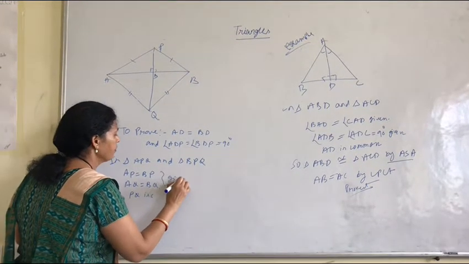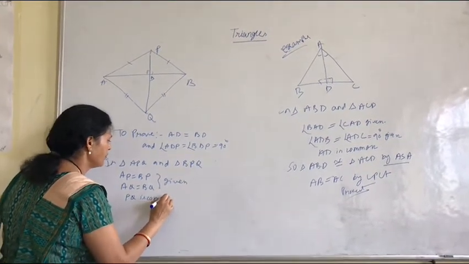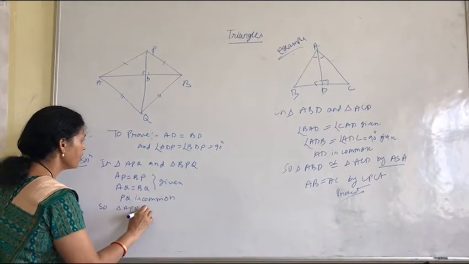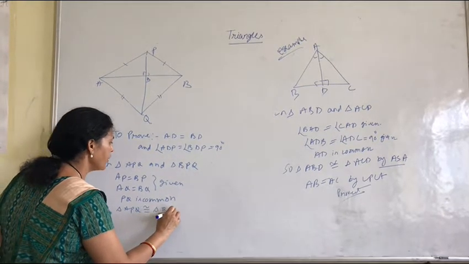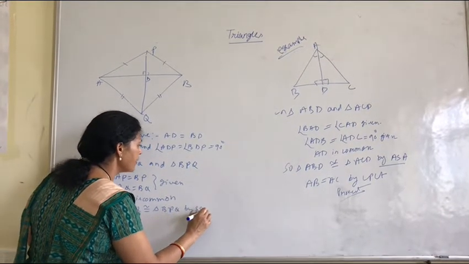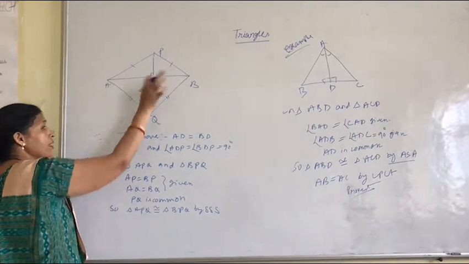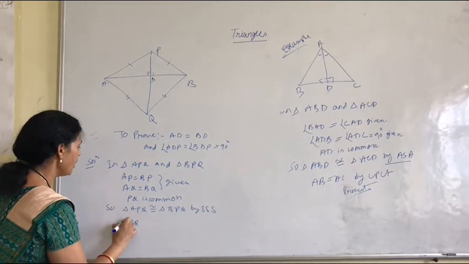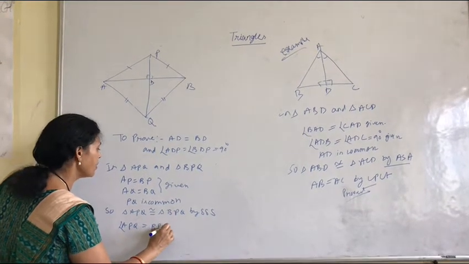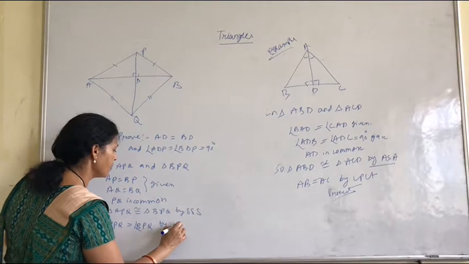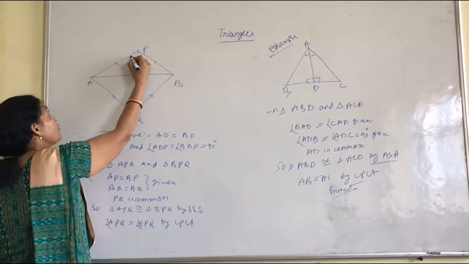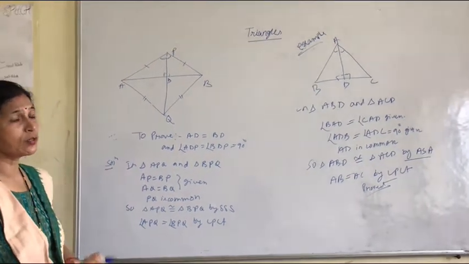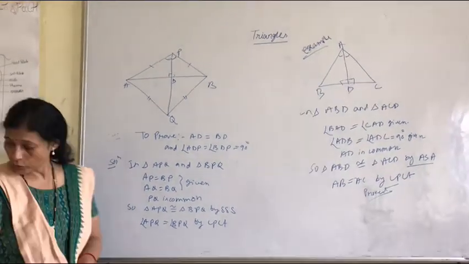This is given. So triangle APQ is congruent to triangle BPQ by SSS congruence condition. These two triangles are congruent. So angle APQ is equal to angle BPQ by CPCT. These two angles are equal, you have to prove like this.